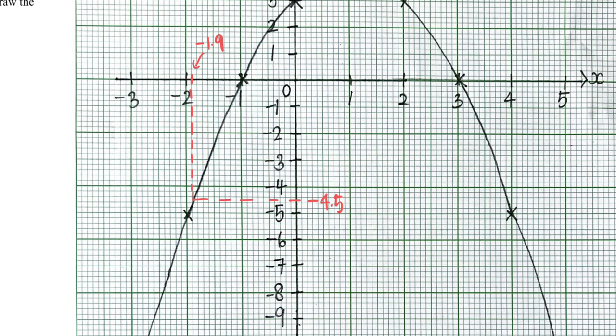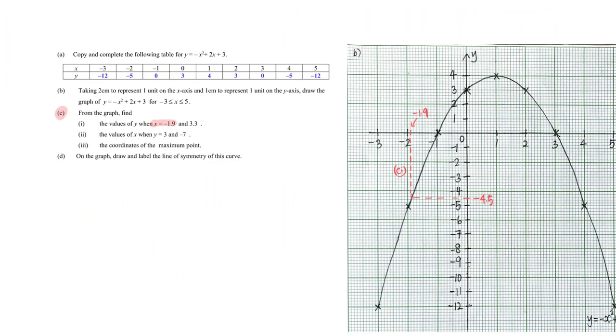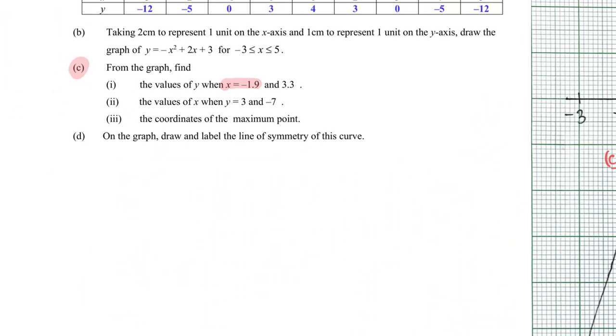Okay, so this is for C part 1, and therefore for C part 1, when x equals negative 1.9, my y is negative 4.5, around there.